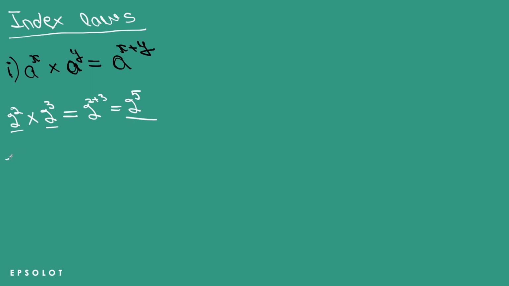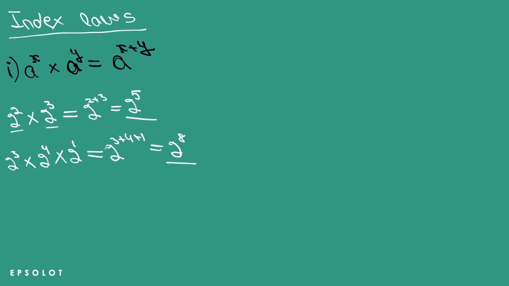On the other hand, let's say you had 2 to the power of 3 multiplied by 2 to the power of 4 multiplied by 2 to the power of 1. Since the base is the same in all three, you can rewrite this as 2 to the power of 3 plus 4 plus 1. That is 4, 5, 6, 7, 8, so 2 to the power of 8.